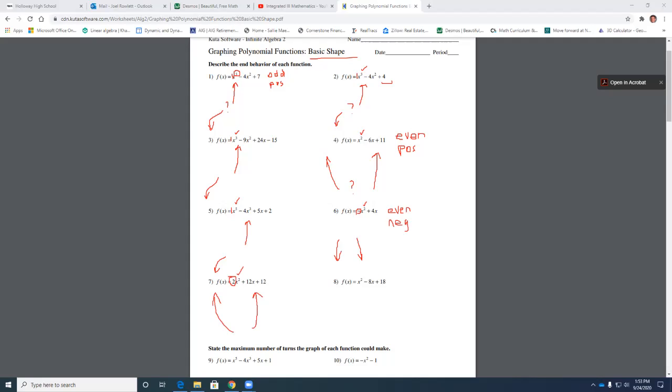If it's positive, it's up, up. If we had a negative 2 or another negative number as the leading coefficient, then the tails would be pointing in the same direction, but both down. If you look at problem number 8, this is going to be an even function, positive leading coefficient again, so it will also be up on the left and up on the right.